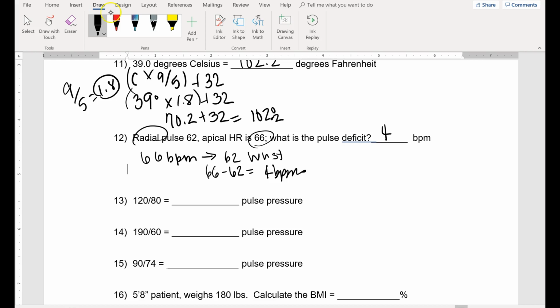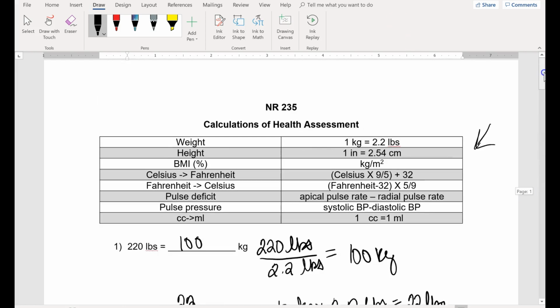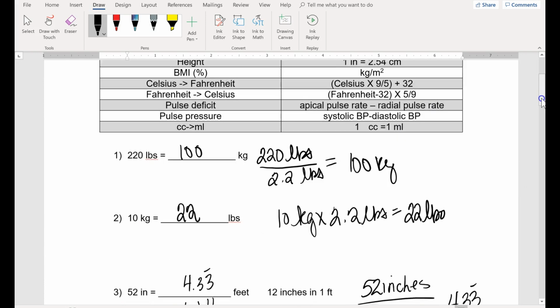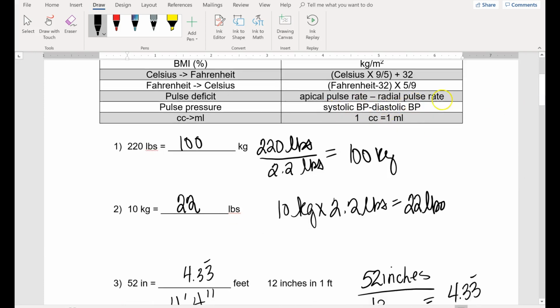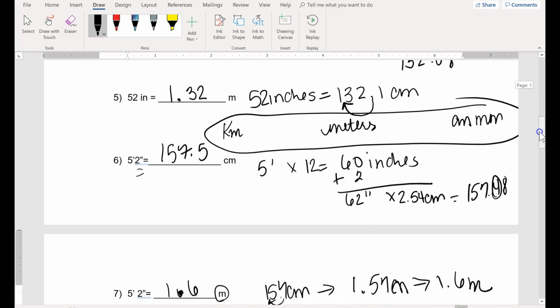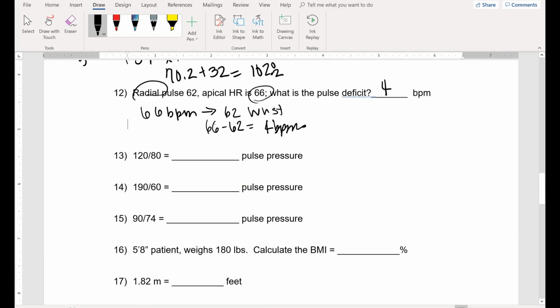Pulse pressure. Okay. Pulse pressure is the systolic minus the diastolic blood pressure. Okay, so remember from last week, our systolic is our top number, our diastolic is our bottom number.